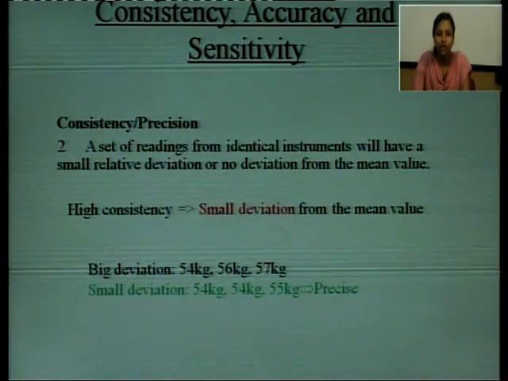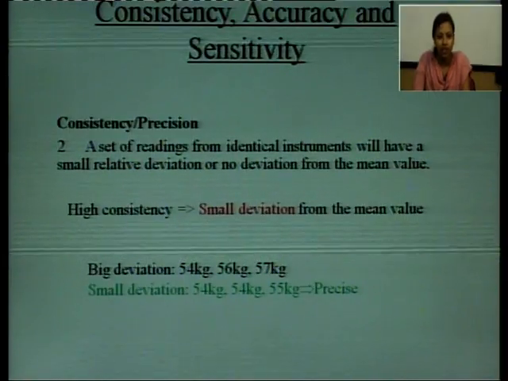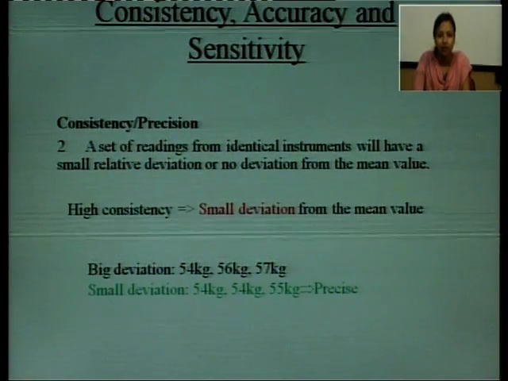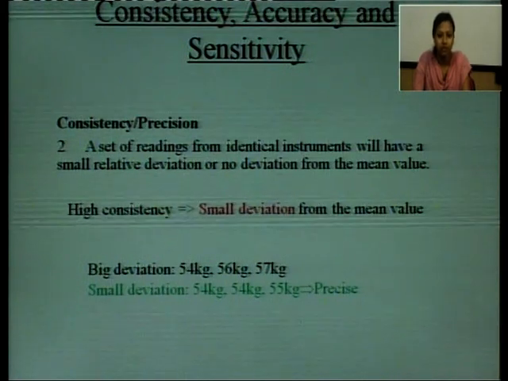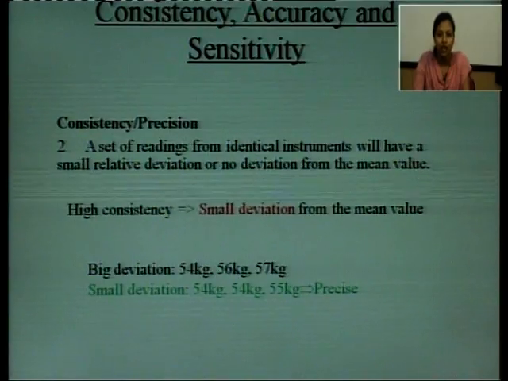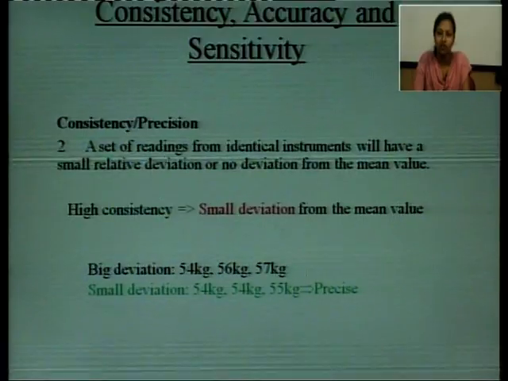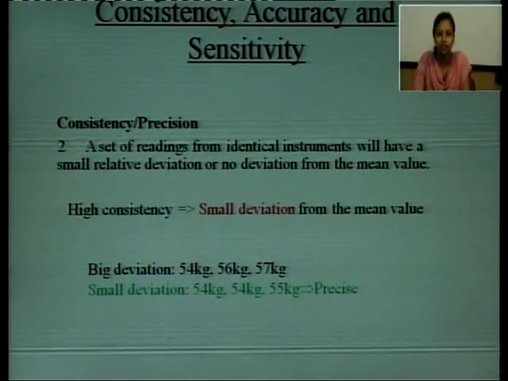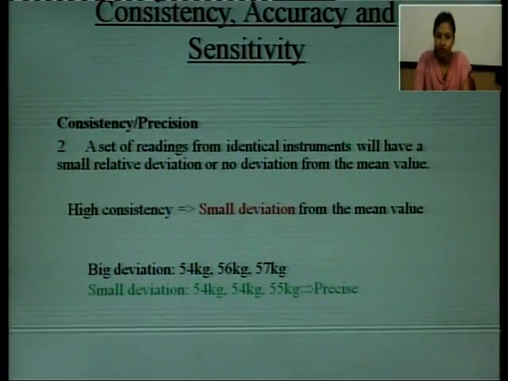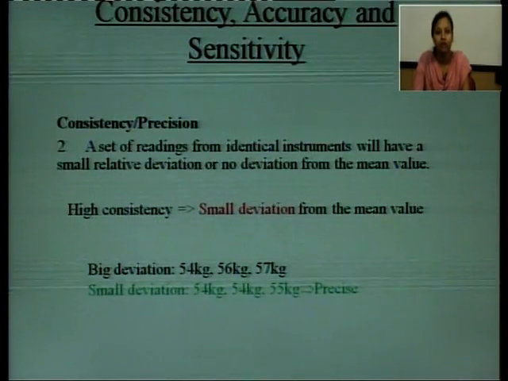If we are measuring any physical quantity, like weight, and it comes out to be 54 kg, next time 56 kg and another time 57 kg, then the deviation among these three readings is big. So here the consistency is low.